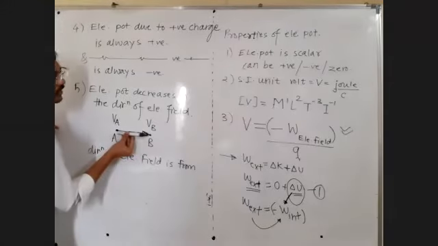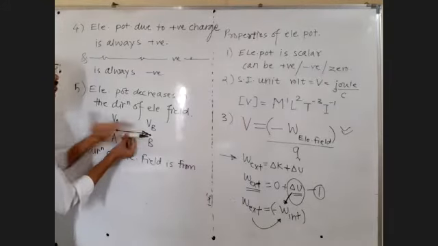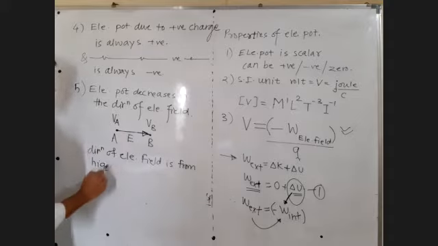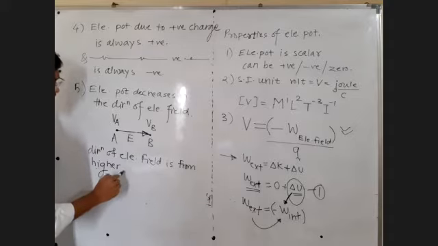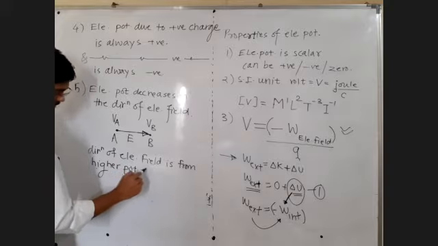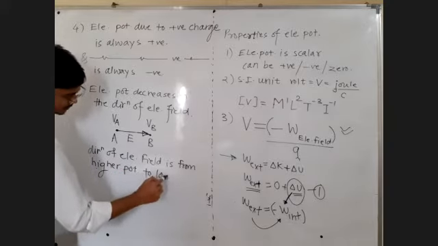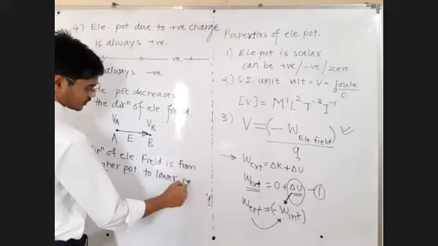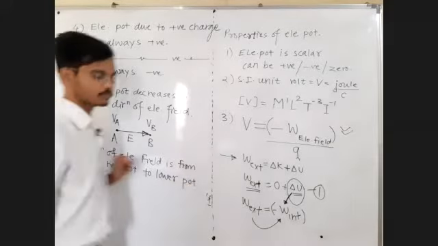Direction of electric field is from higher potential to lower potential. Decreases means higher to lower, no? Got it?